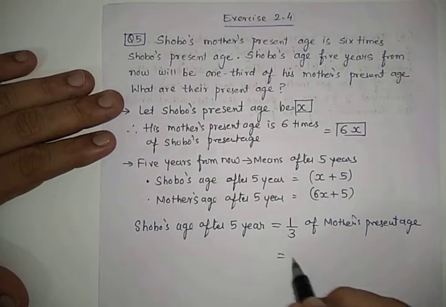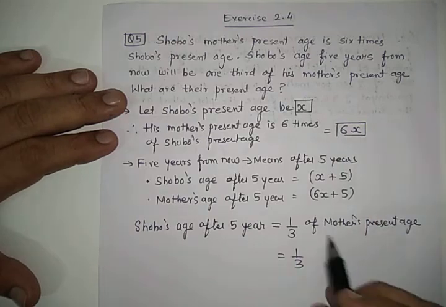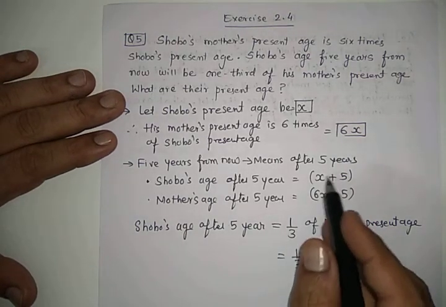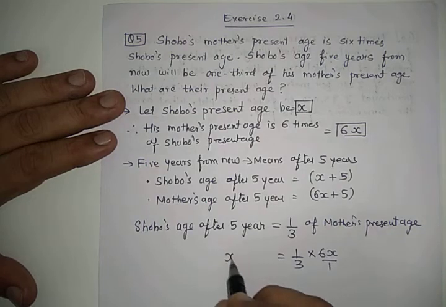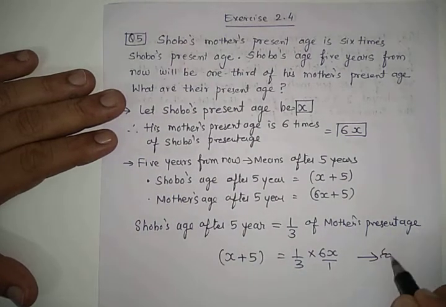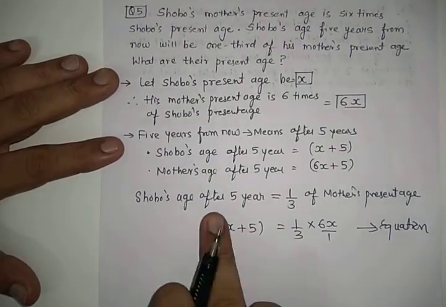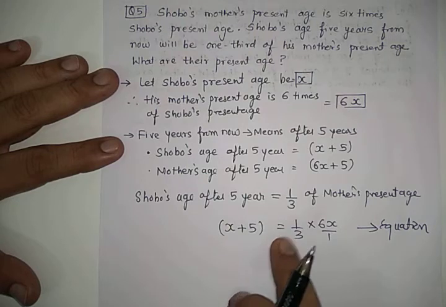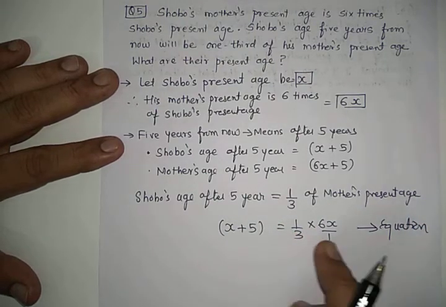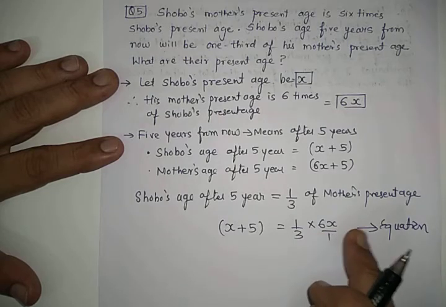The mother's present age is 6x, so 1/3 of 6x. And Subhu's age after 5 years will be x plus 5. So this is our equation.